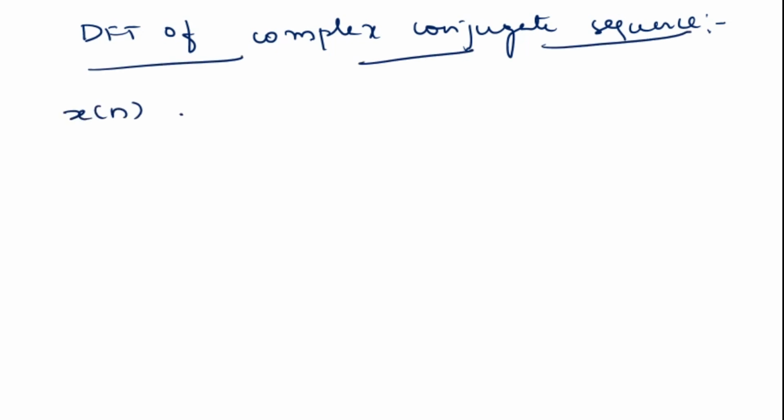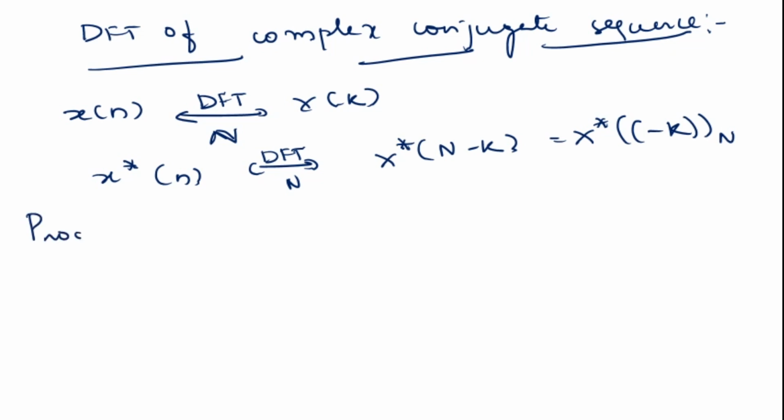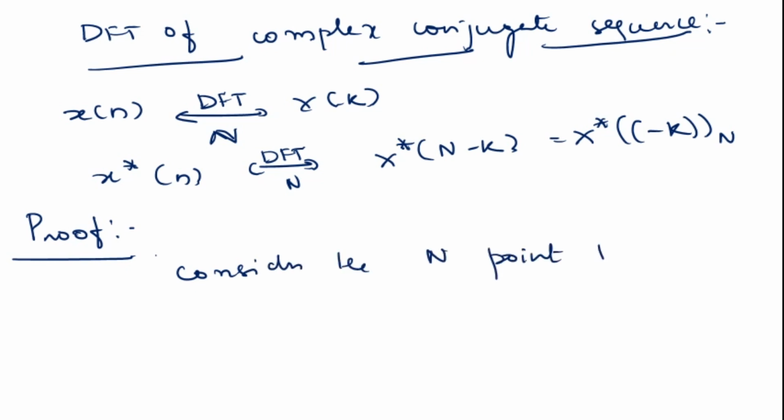The statement is, if we take the N-point DFT of x of n, we get X of k, then x star of n, if we take the N-point DFT, we get X star of N minus k, which is equal to X star of minus k of N. Let us prove this. Consider the N-point DFT equation.